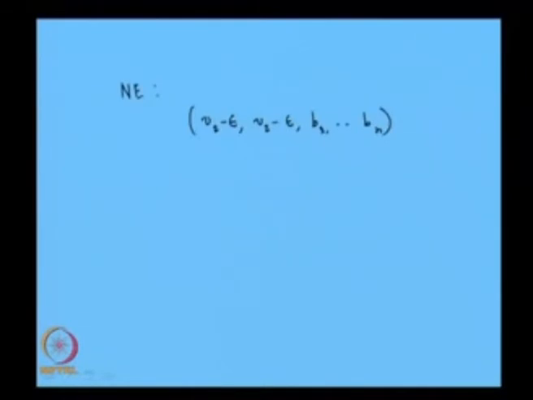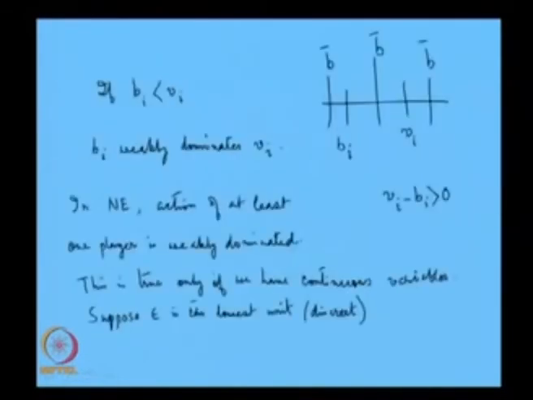So, here epsilon is the smallest unit in which these valuations can be divided.